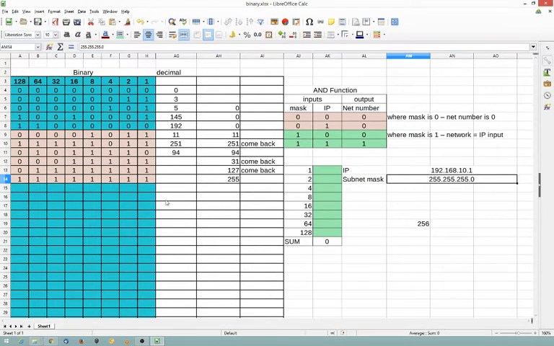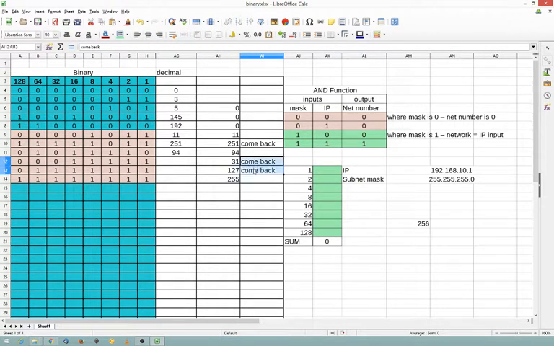So let's go back to these. We'll come back to this value because we're still working stuff out, and then I'll come back to those two at the end. So let's have a look at this 251. 251, if we look at it a bit differently, is 255 minus the 4.